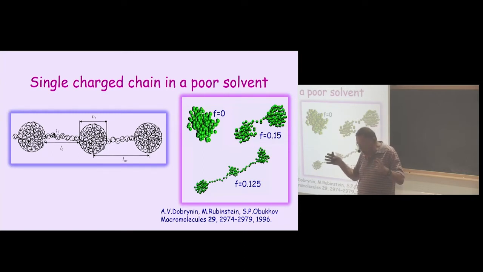So these interactions want to collapse your chain, want to make a globule. And you have Coulomb forces that want you to stretch. How do you balance it? It turns out that you balance it by making this necklace.